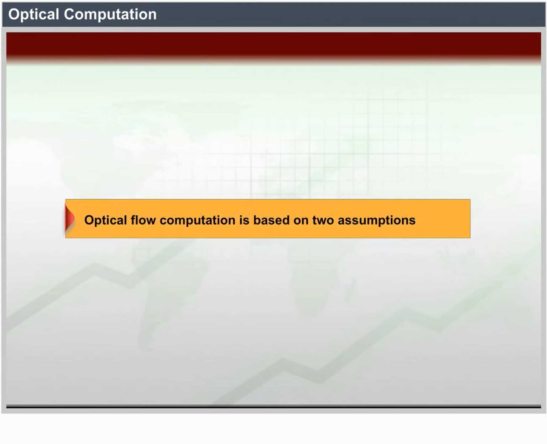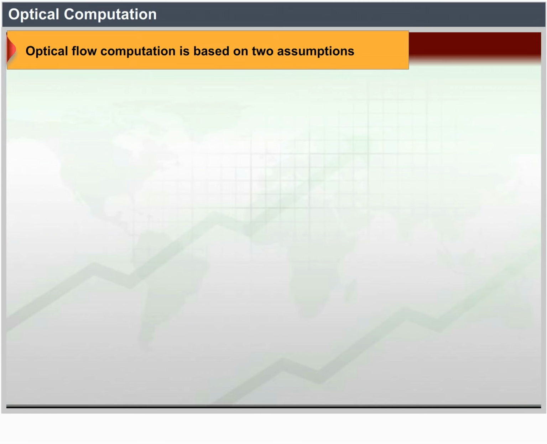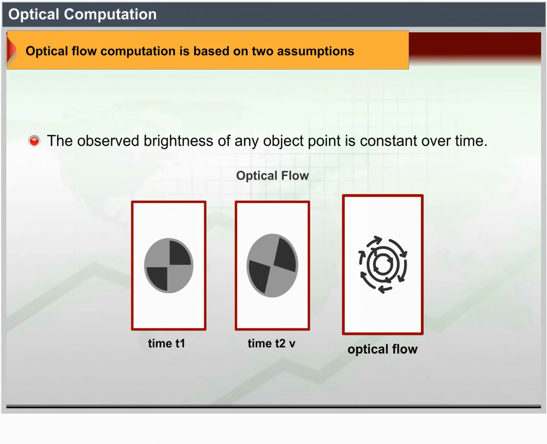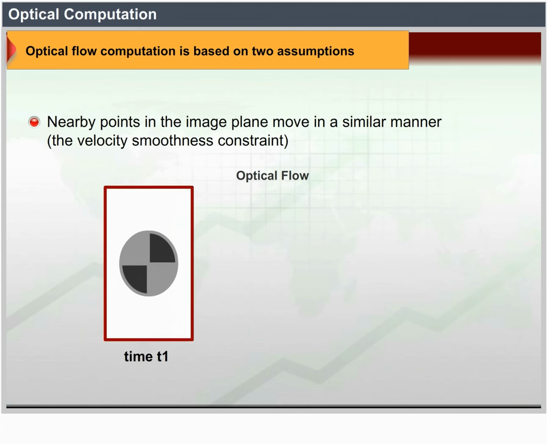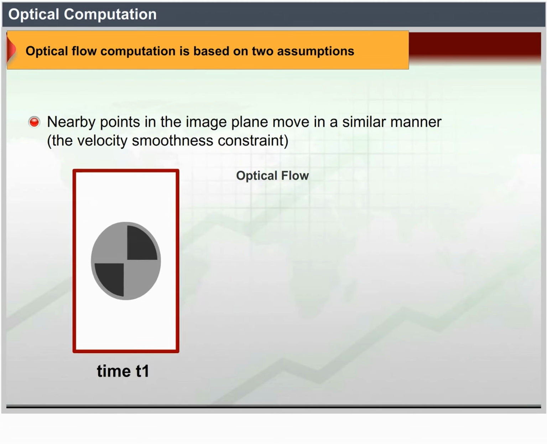Optical flow computation is based on 2 assumptions. The observed brightness of any object point is constant over time. Nearby points in the image plane move in a similar manner, the velocity smoothness constraint.